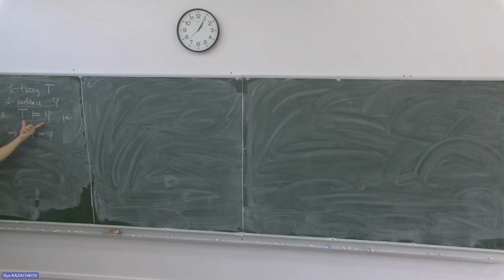I know this symbol was used for models, but now I'm using it between a theory and a formula. It only means that any model of the theory must also be a model of the formula. So this is a logical implication from T: I cannot have a model of T which satisfies the negation, for example.